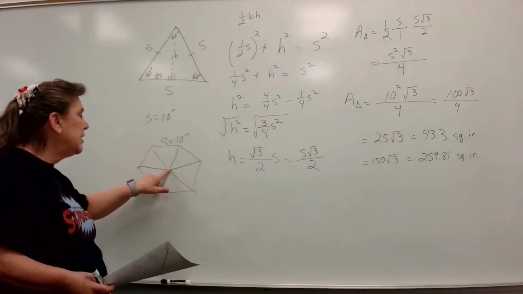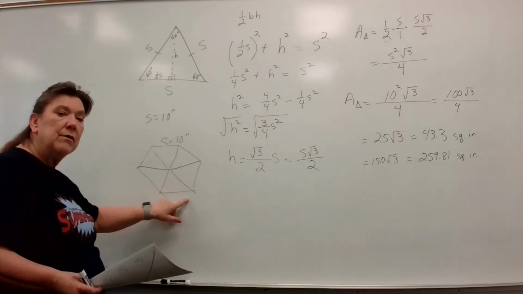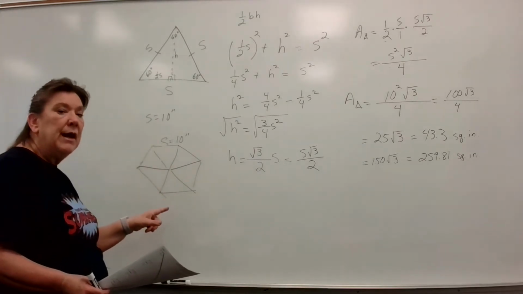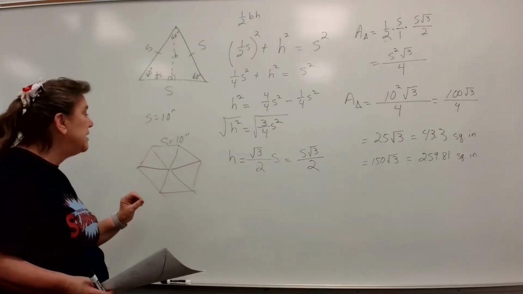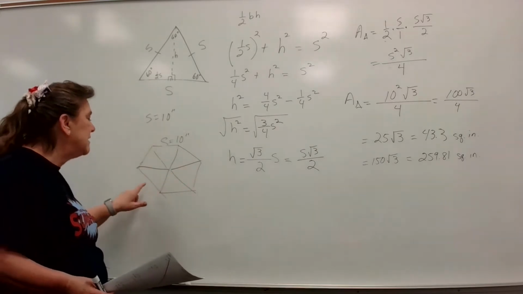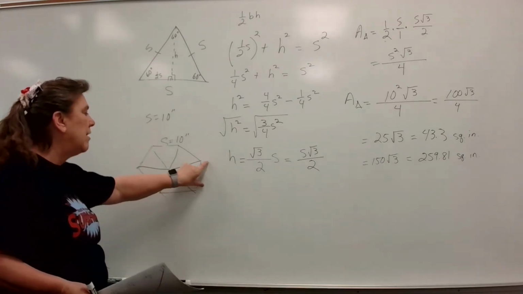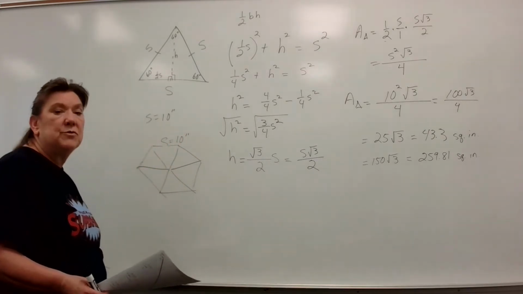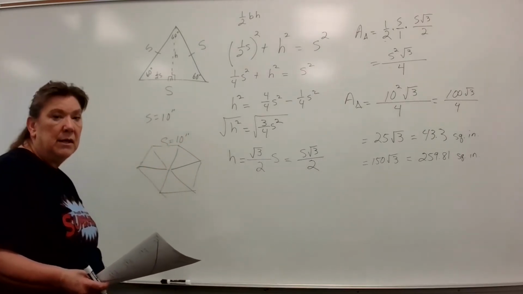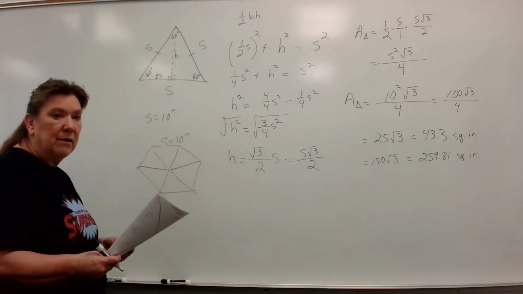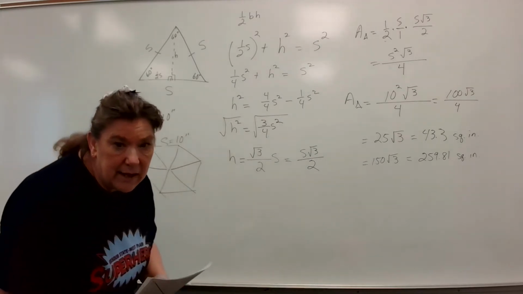You're going to look at the area of one triangle and multiply it by the number of triangles there are. And the number of triangles will be determined by the number of sides that there are, because every side of a regular polygon forms one of those triangles going into the middle. So it's really important that you understand that. All right? Any questions on that?